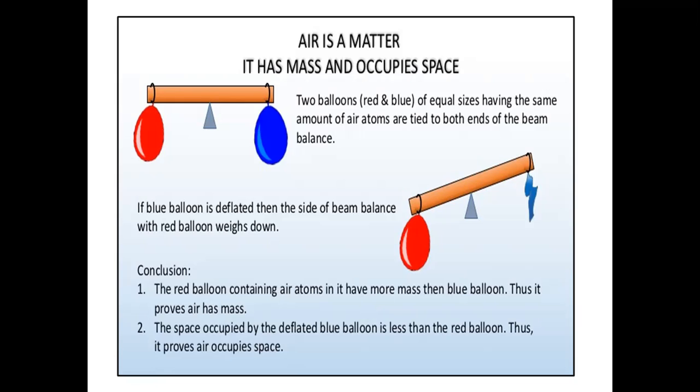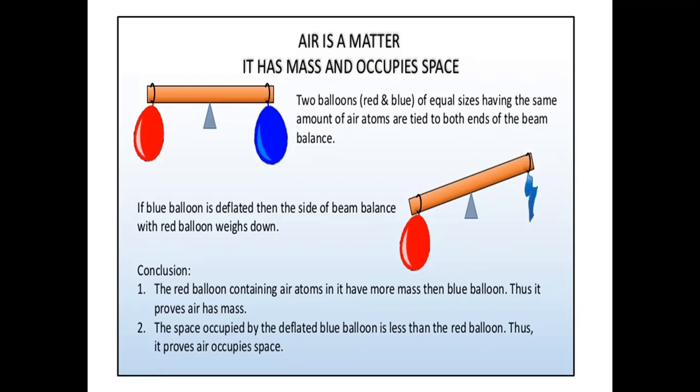Then in the second point, we conclude that the space occupied by the deflated balloon is less than that of the red balloon, because we have burst the balloon. So when we are blowing air inside the balloon, it starts swelling up. Why?